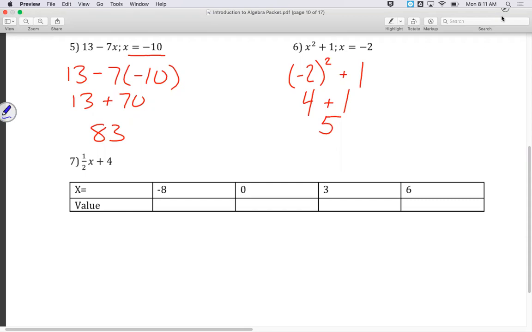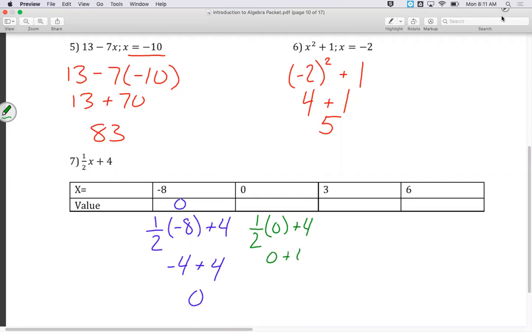All right, I'm going to show my work below. So for the first one with -8, I'm going to do 1/2 of -8 plus 4. Half of -8 is -4 plus 4 is 0. So that goes there, my first value. Here with 0, I want to do half of 0 plus 4. Well, 0 plus 4 is 4. Now I have 3.